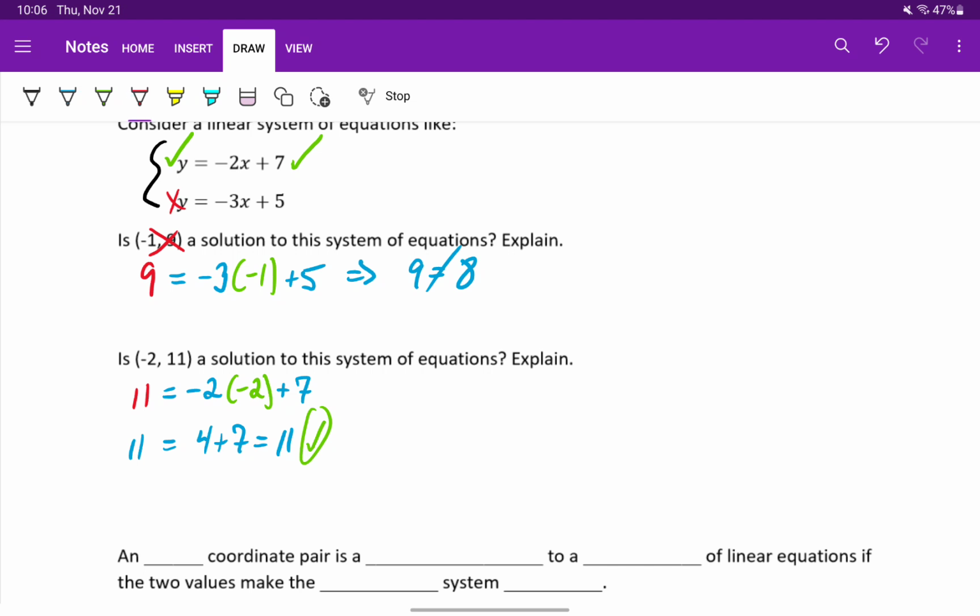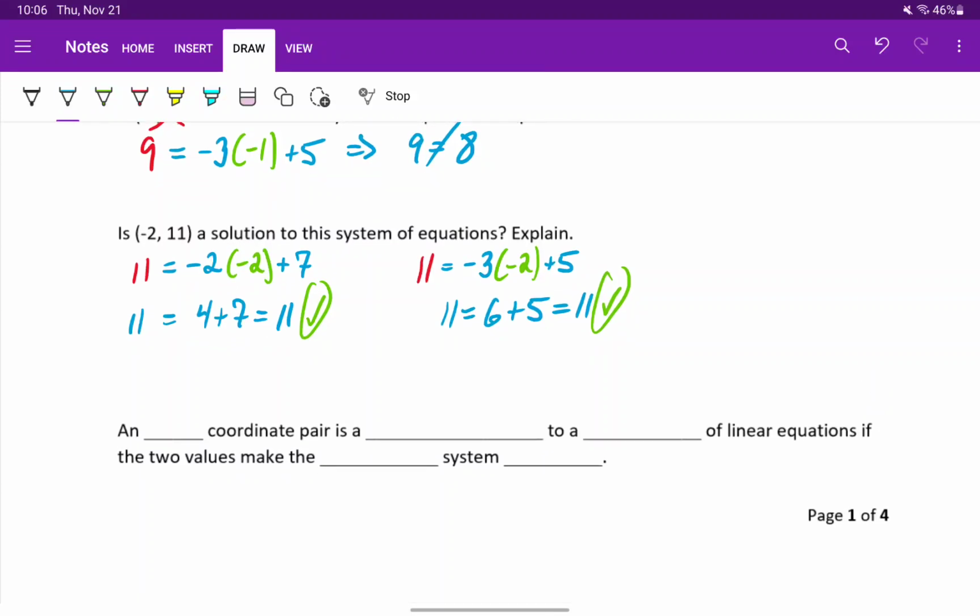And then we'll try that pair in the second equation, which will give us 11 is equal to negative 3 times negative 2 plus 5, or 11 is equal to 6 plus 5, which equals 11, which checks out. So this coordinate pair negative 2, 11 is a solution to the second equation, meaning the coordinate pair negative 2, 11 is a solution to that system of equations.